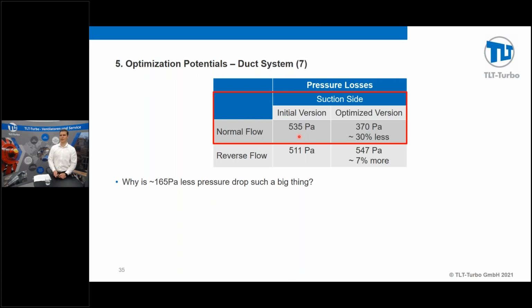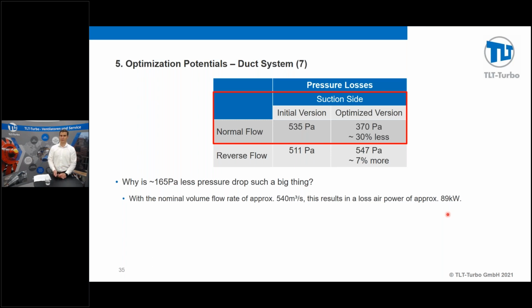And you now may say, okay, why are now the 165 Pascal such a big deal? Well, if you operate at a volume flow rate of approximately 540 cubic meters per second, this will result in about 89 kilowatts of additional losses or power which is lost.